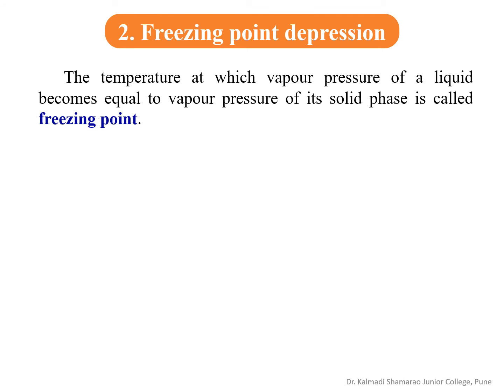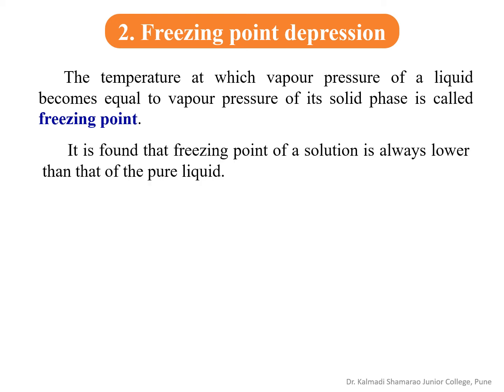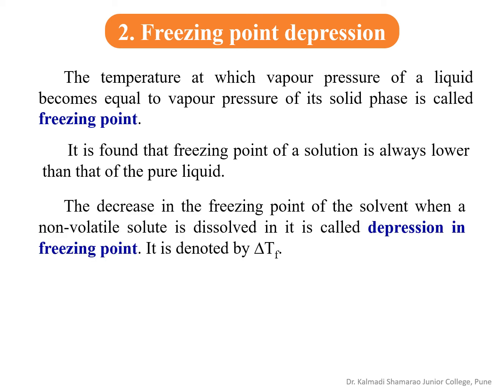The temperature at which the vapor pressure of a liquid becomes equal to the vapor pressure of its solid phase is called freezing point. It is found that the freezing point of a solution is always lower than that of the pure liquid. The decrease in the freezing point of the solvent when a non-volatile solute is dissolved in it is called depression in freezing point.